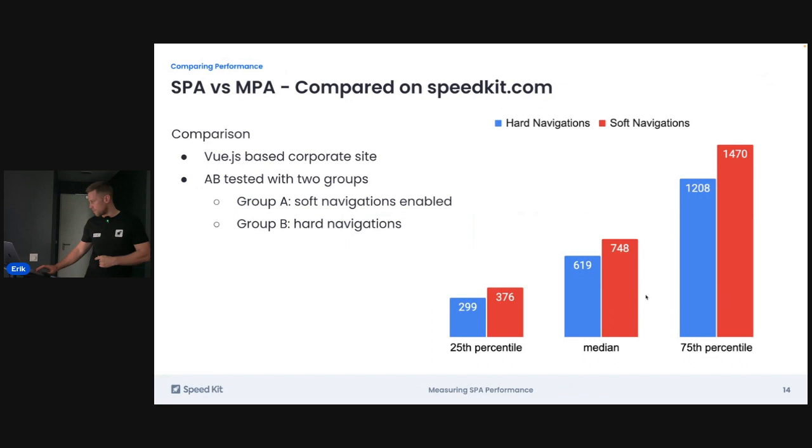The median is your midpoint value, your median user, not your average user. And then you also have the 25th and 75th percentile. And it's actually faster with hard navigations. That is some food for thought, I would guess, and probably also a good starter for some discussions afterwards. Which metric is this? It is LCP. Sorry, I should have put that in there.